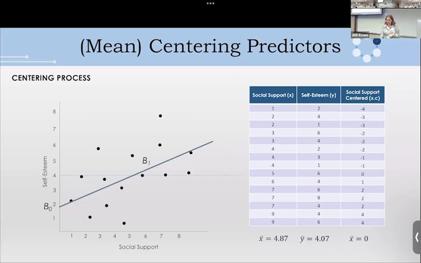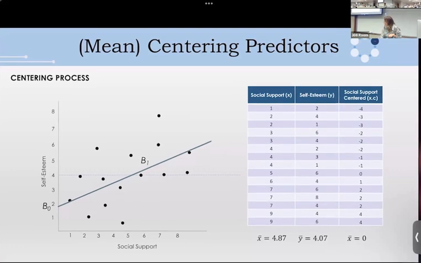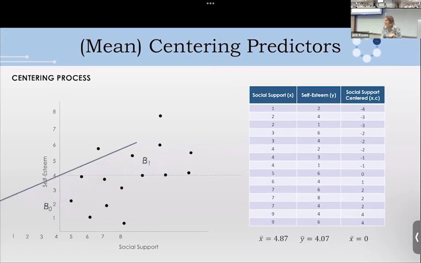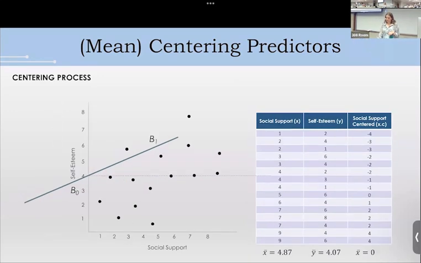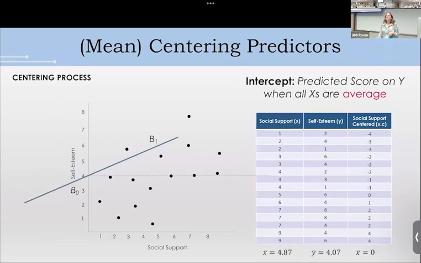What that does is it shifts, watch it shift. It shifts the scale and the line so that what is on the y-axis? The mean. So now the place that crosses the y-axis is the predicted score when X is average.